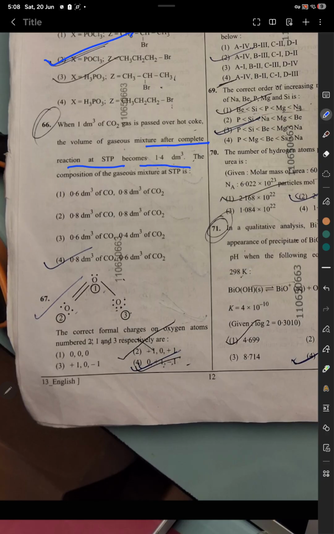The composition of the gaseous mixture at STP is option 4, correct. Question number 67. The formal charges on oxygen atom number 2, 1 and 3 respectively are this: 0, +1 and -1, is your correct answer.